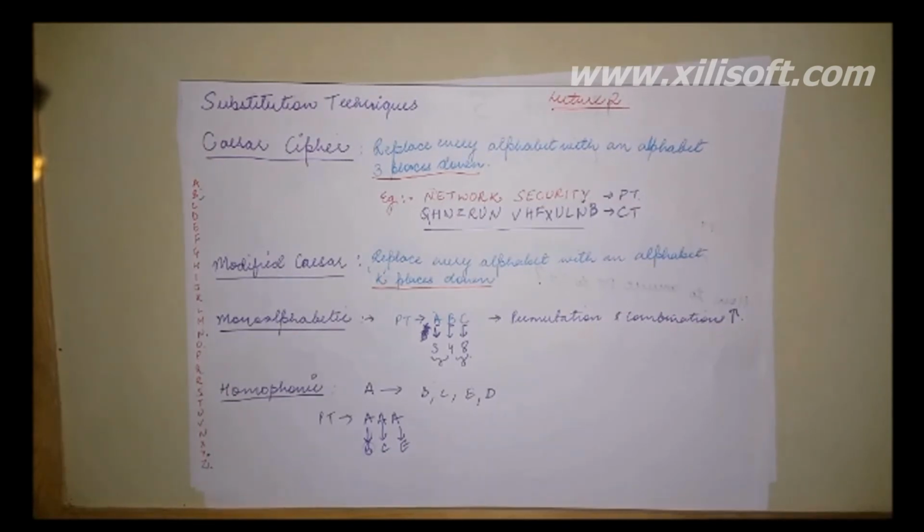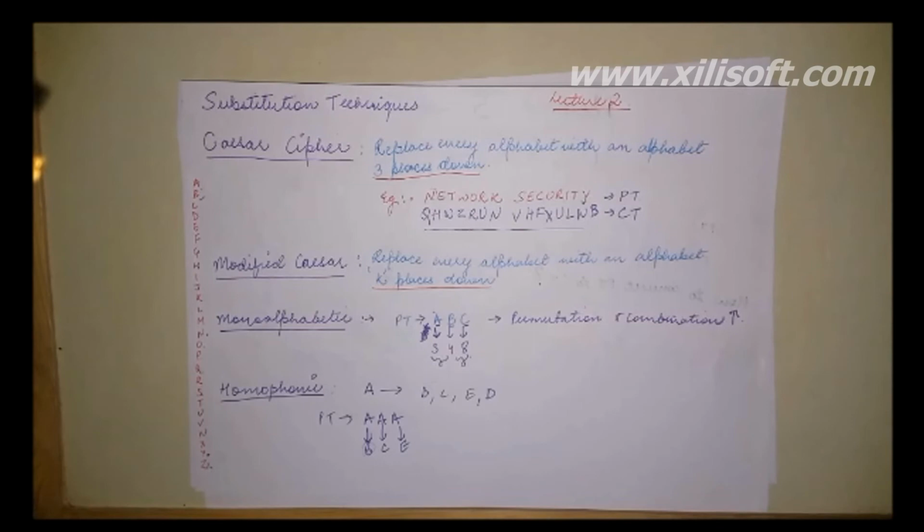The formal definition goes like this: homophonic substitution cipher also involves substitution of one plain text character with a cipher text character at a time. However, the cipher text character can be any one of the chosen set. So we have to divide sets, like A can be replaced by D, H, P, R, B. There is no restriction that we have to replace A with D only everywhere in the ciphertext.